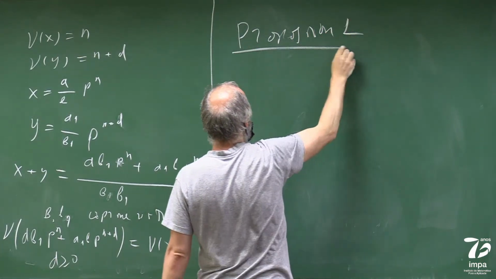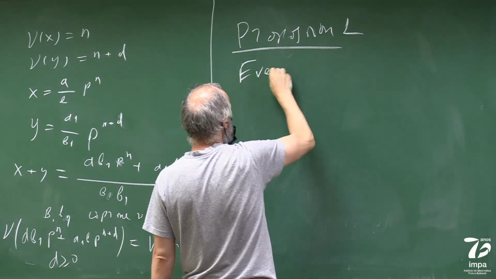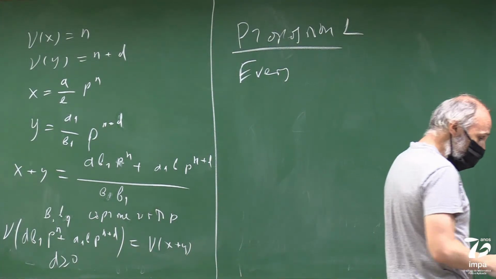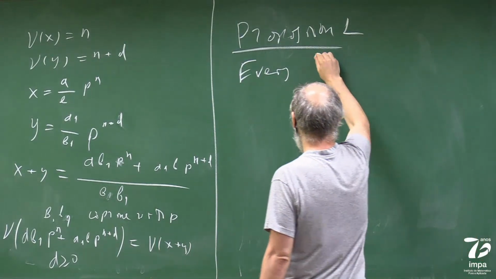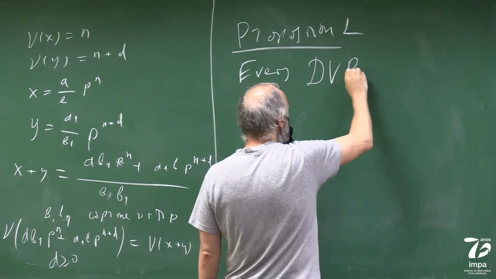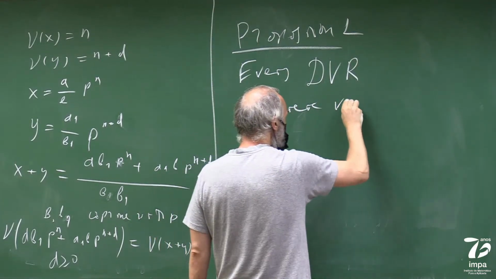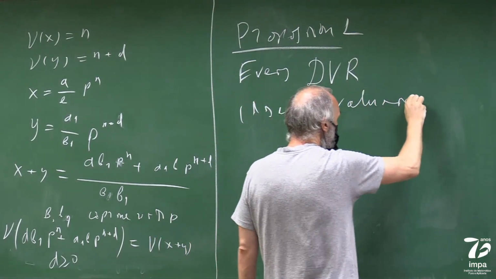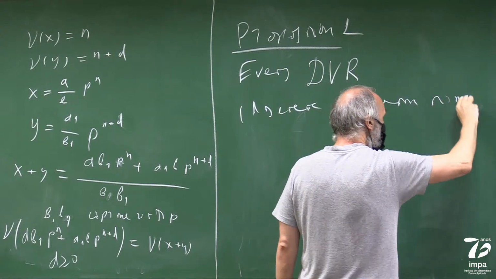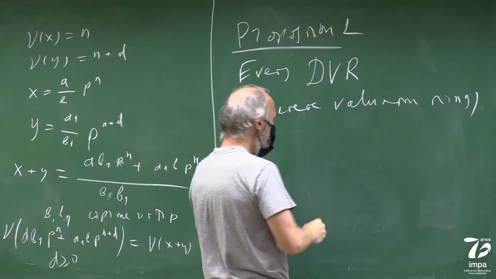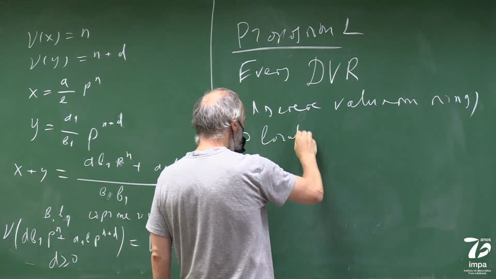One. Sometimes people abbreviate discrete valuation ring to DVR. Every DVR is local, Noetherian.